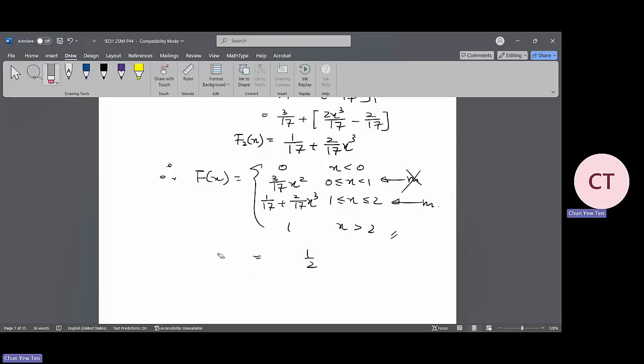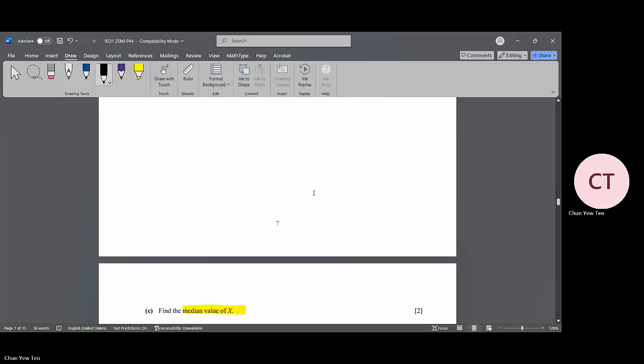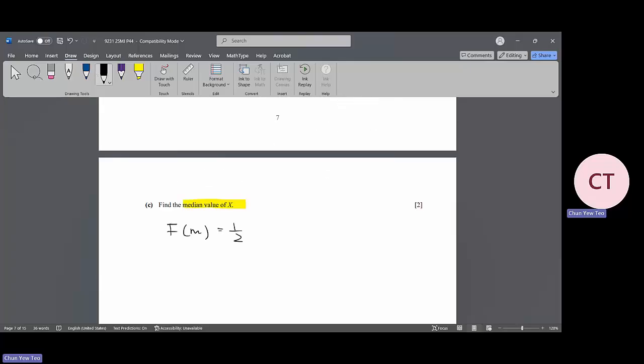Okay. So we just need to replace the m inside the second piecewise function over here. So you will get 1 over 17 plus 2 over 17 m cubed is equal to half. So you will get m cubed is equal to 15 over 4.